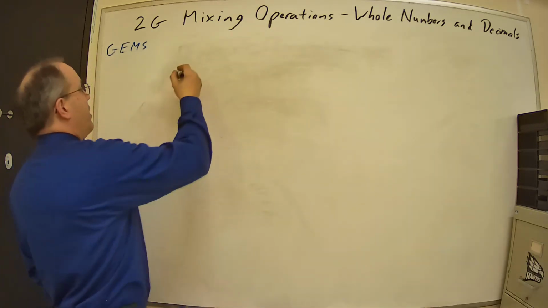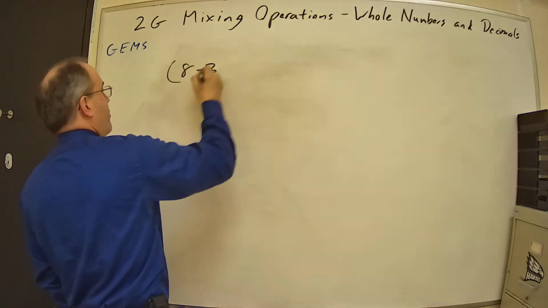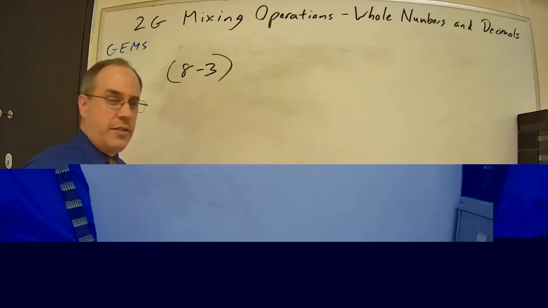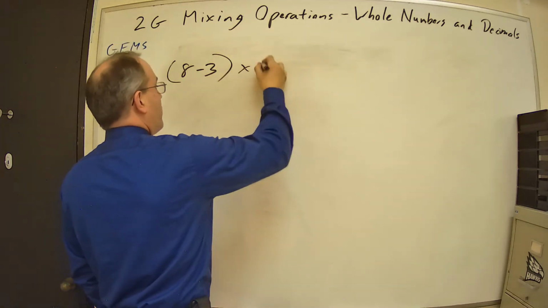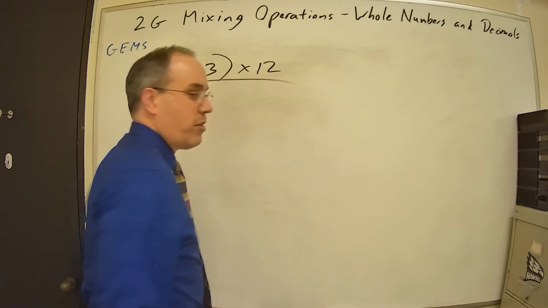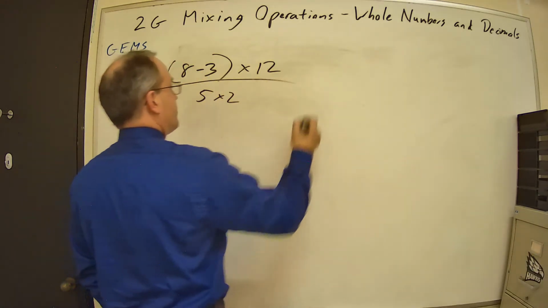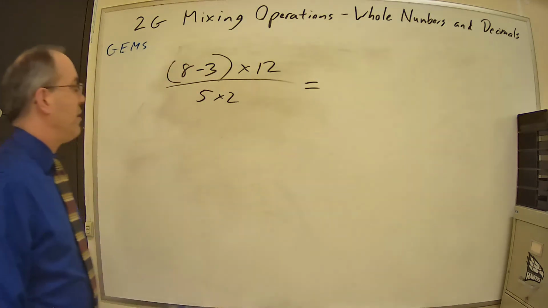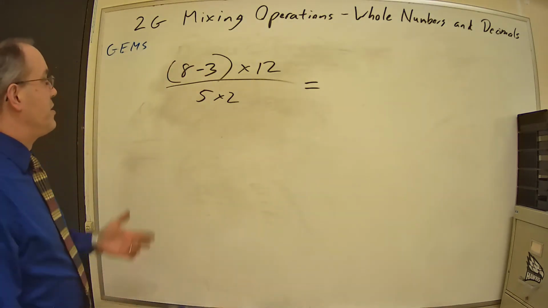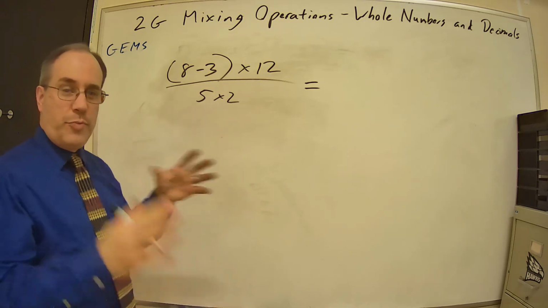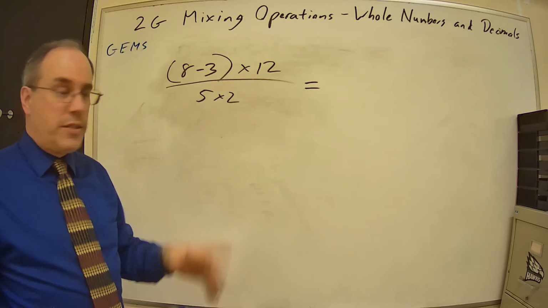And what if we have 8 minus 3 in parentheses times 12 all over 5 times 2. Okay, order of operations says do grouping first. Now this brings out another point to this.